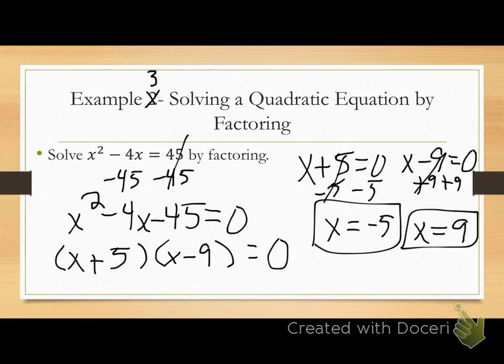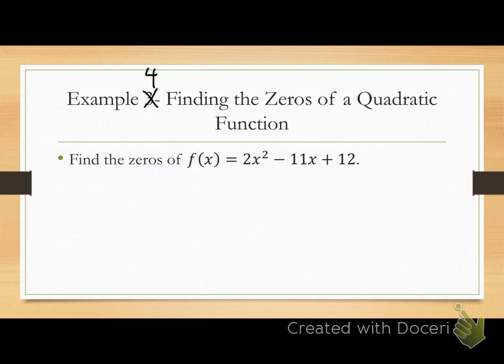Very similar to what I did right here. Everyone okay with that? So I'm setting it equal to 0, because I'm finding these zeros of the function. I'm finding the values of x for when my function is 0.